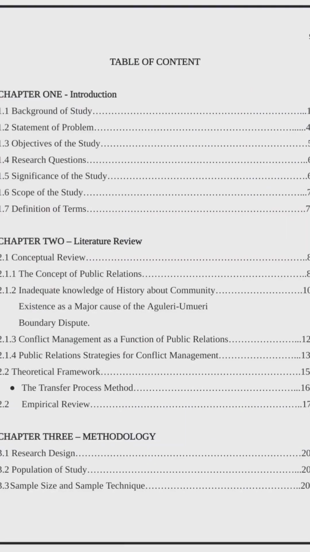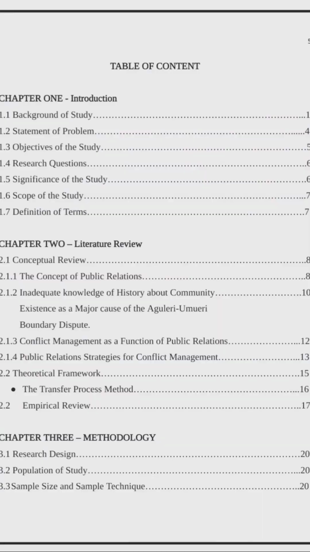All right. So note that in the second section, which is the body of the project work, you will see the components that are embedded in chapter 1, because the second section, like I said before, has five chapters.